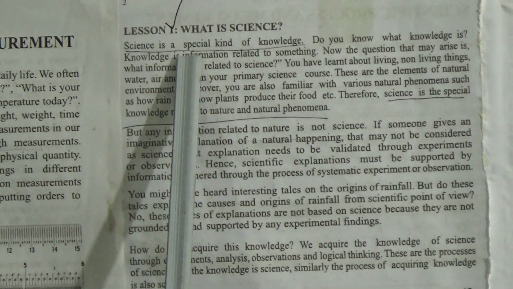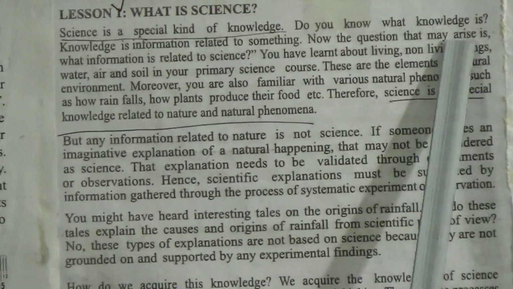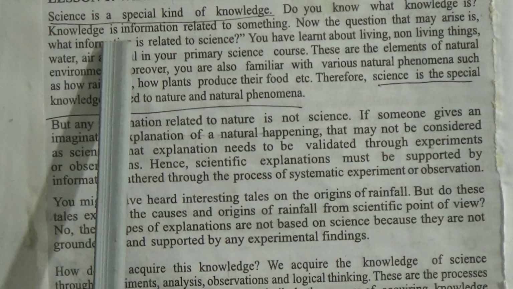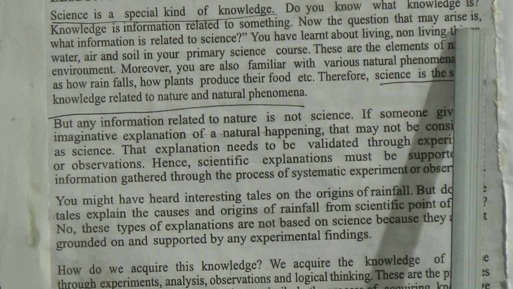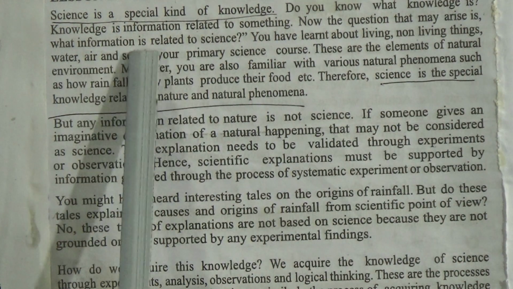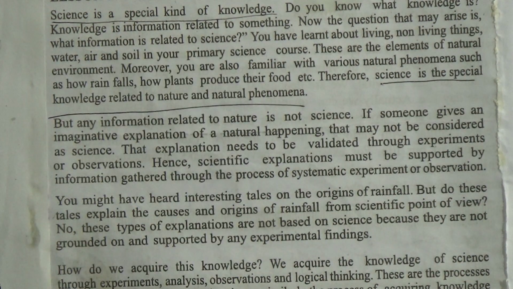Science is a special kind of knowledge. Do you know what knowledge is? Knowledge is information related to something. Now, the question that may arise is, what information is related to science?